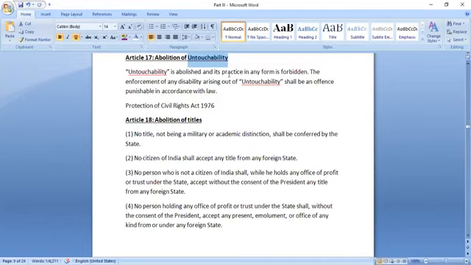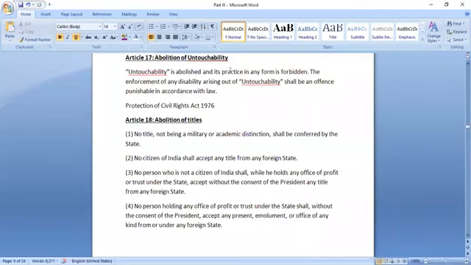It's not sufficient that we are just mentioning two different articles saying that these are the grounds on which we should not discriminate, everyone has access to public places, and all of that. It was also necessary that we have one article that abolishes this particular practice as a whole.